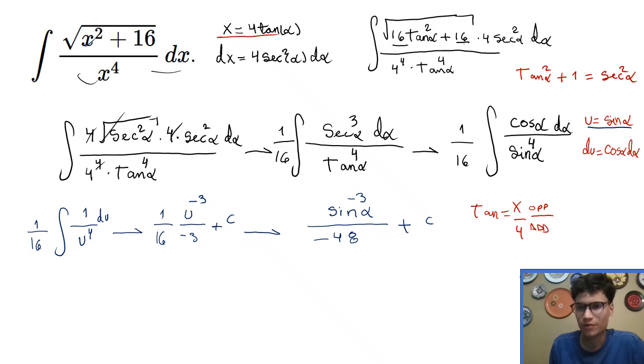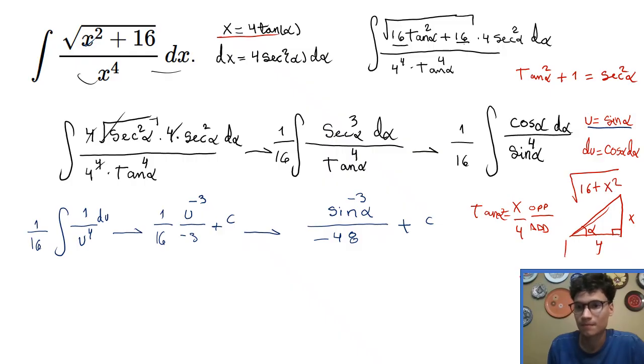So if we have x and 4, our triangle will be something like this, and let's say this is alpha. The opposite of alpha will be x, and the adjacent side of alpha will be 4. So using the Pythagorean theorem, this side will be the square root of 16 plus x squared.